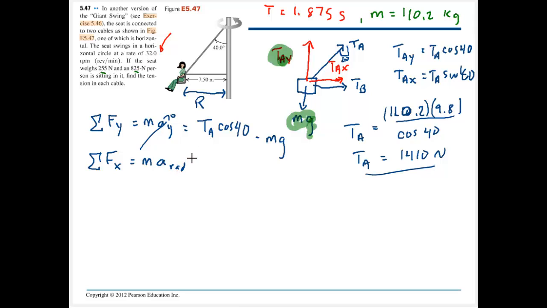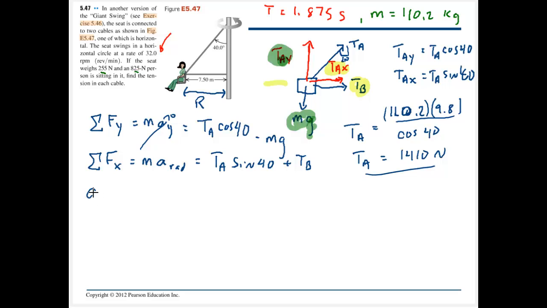In this direction, I'm going to have tension A in the x direction and tension B. I have nothing balancing out over here, so it does make sense that she is accelerating. So tension A sine 40, and then tension B.